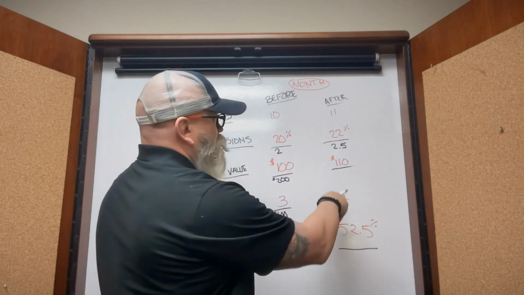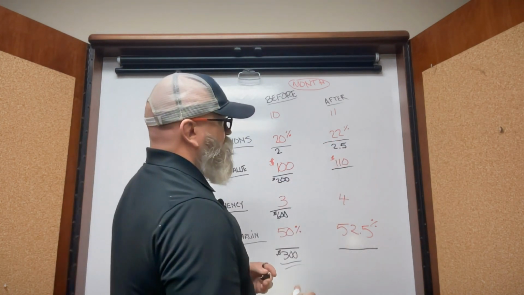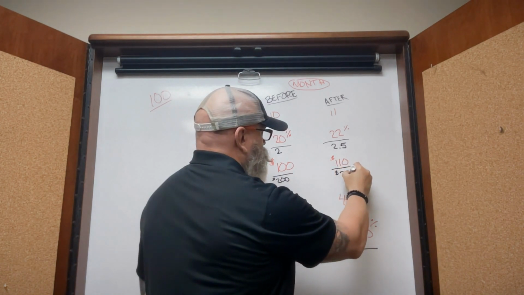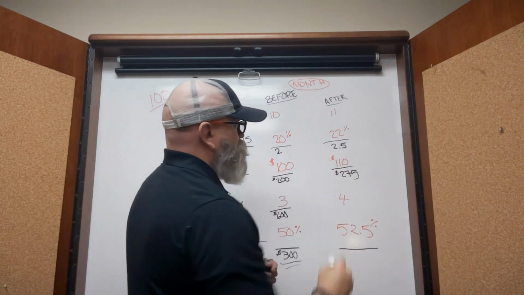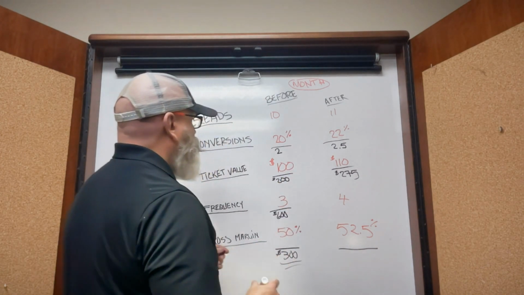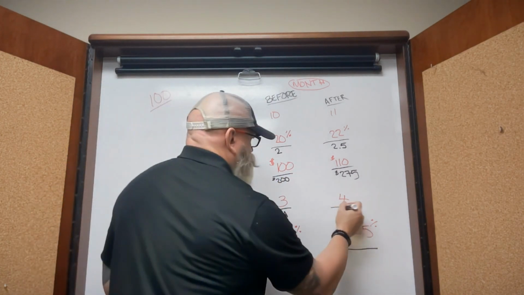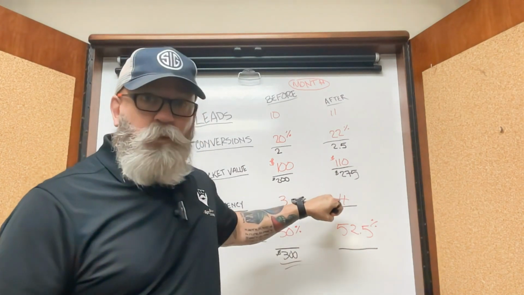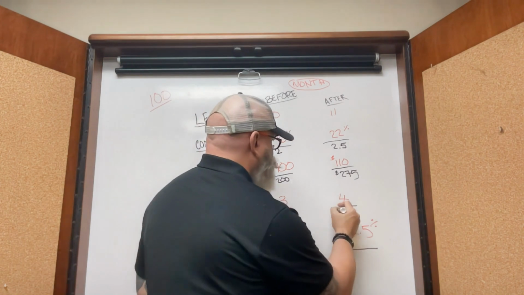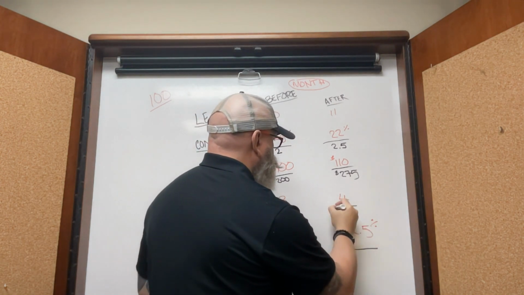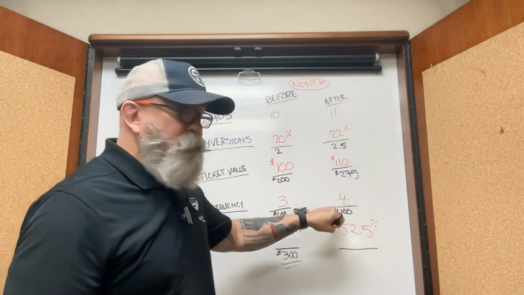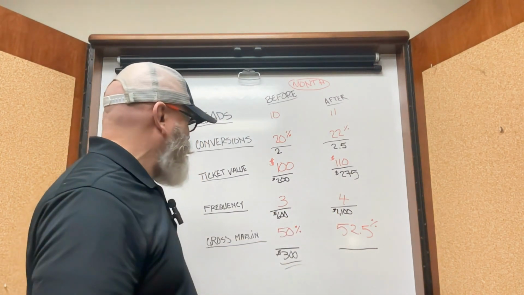So 2.5 people at $110, that's 275. Yeah. Okay. So we're getting them to buy 4 times instead of 3 times. That will be 1,100. Went from 600 to 1,100.